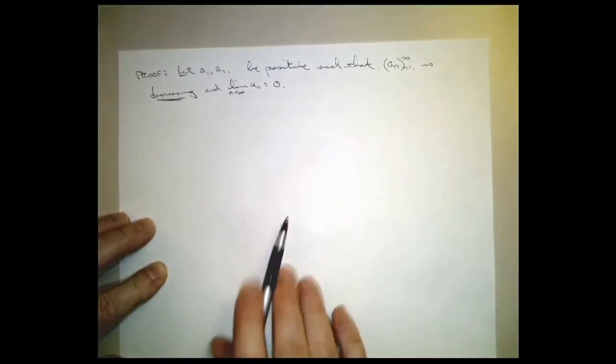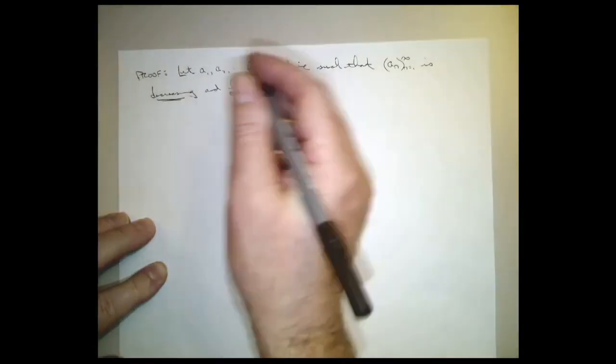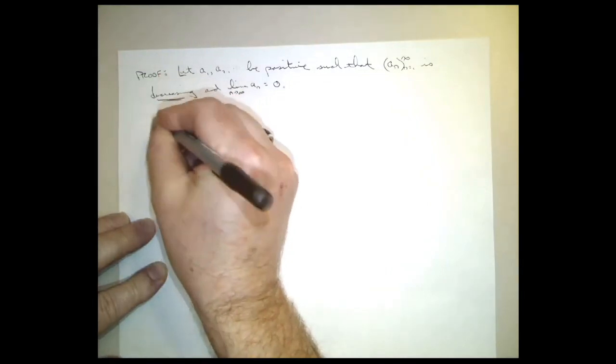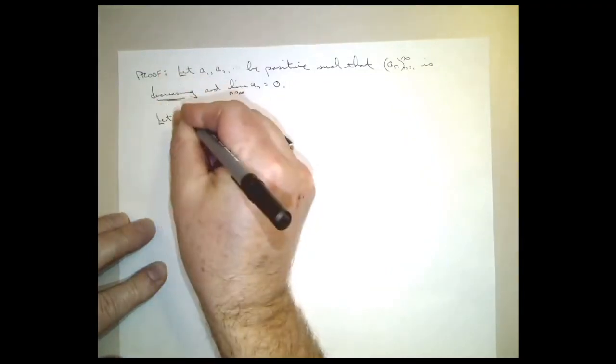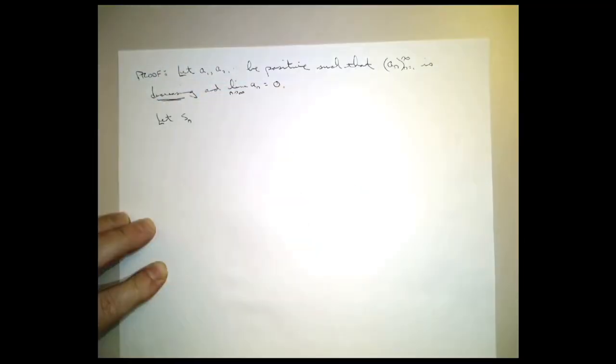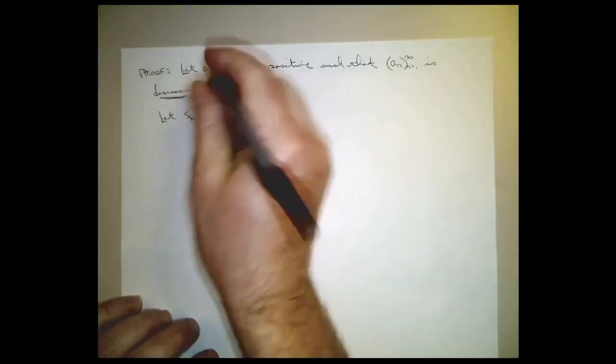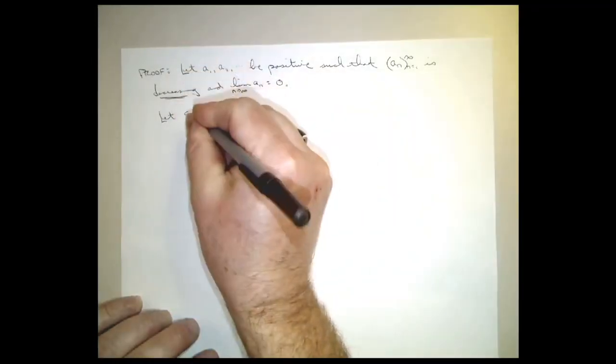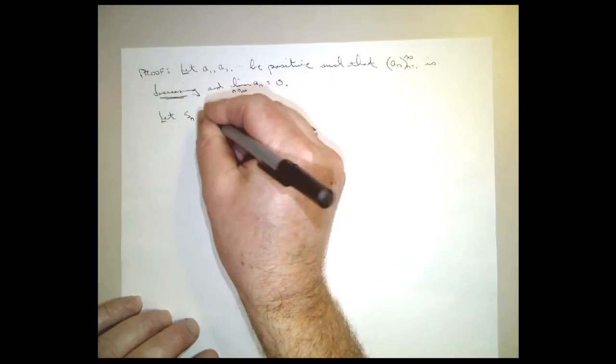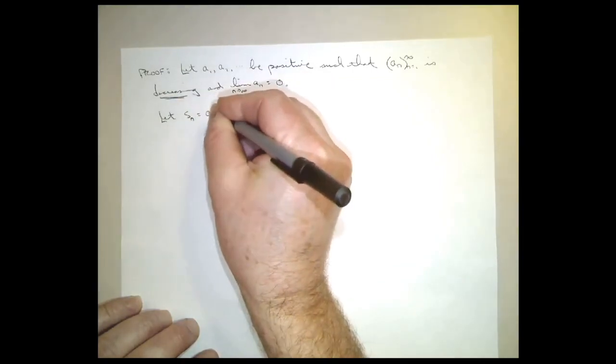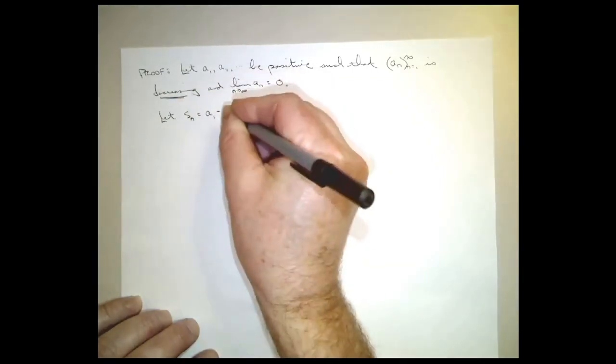So we're set up here, and let's let Sn denote the nth partial sum of the alternating series.